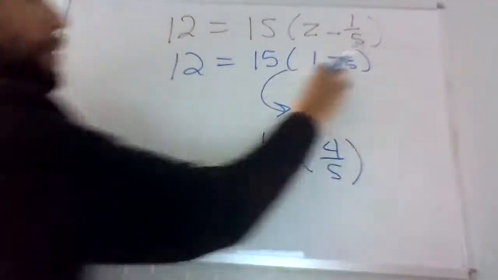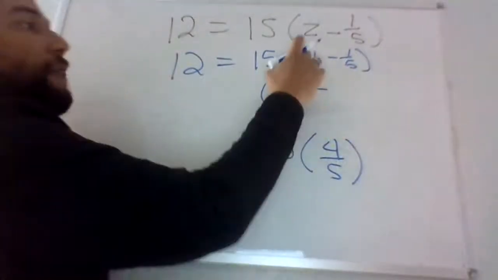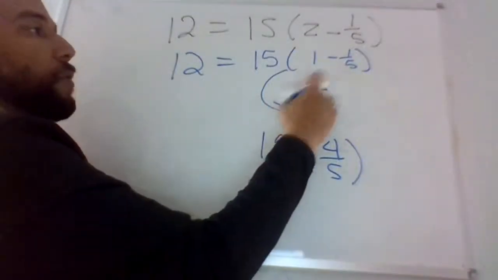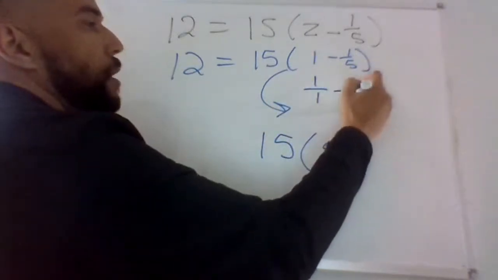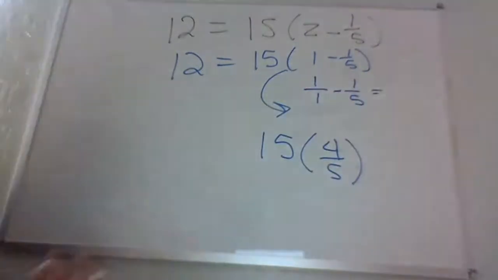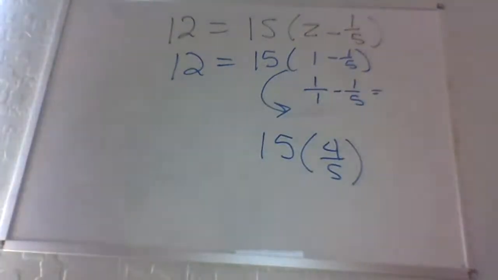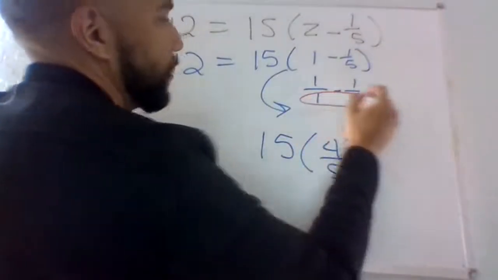That's one way I can get 4/5. Another way I can get 4/5 is by doing the same thing we've done before. Every whole number is always over 1. So we have 1 over 1 subtracted by 1 over 5, right? So crisscross applesauce time. Crisscross, the butterfly method, whatever you want to call it. Multiply these across.